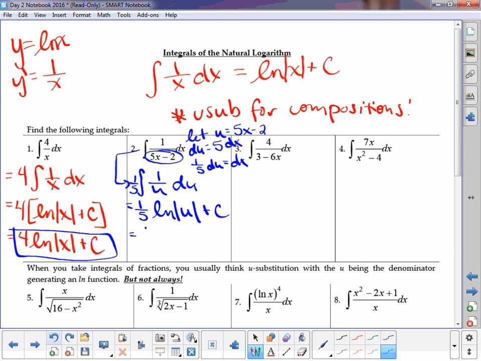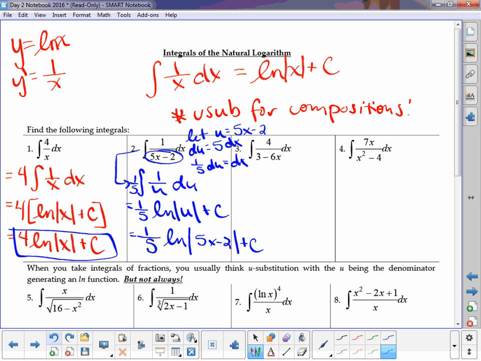And again, for our final answer, we need to put that x back in. 5x minus 2 plus c. Again, this is kind of a smaller u sub, so if you're able to recognize that, hey, chain rule would have required multiplying by 5, so to counteract that, I would divide by 5. You're able to jump straight to the answer that way. Any questions on 1 or 2?